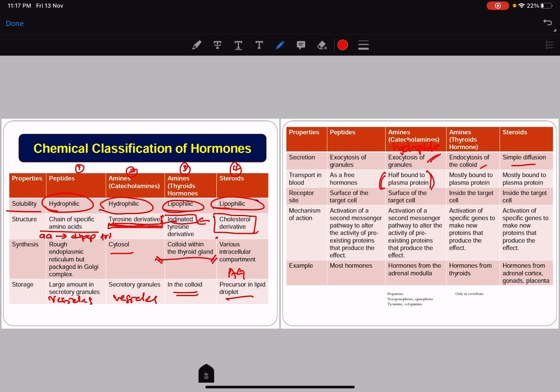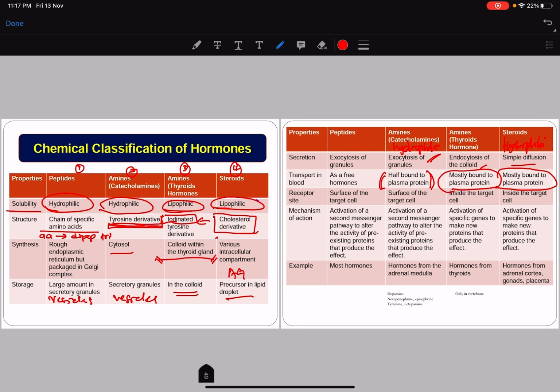So half of it has to be bound with plasma protein. For thyroid hormones, the transportation in blood is mostly bound to plasma protein. Again for steroid hormone, we go back to the solubility properties, hydrophobic.